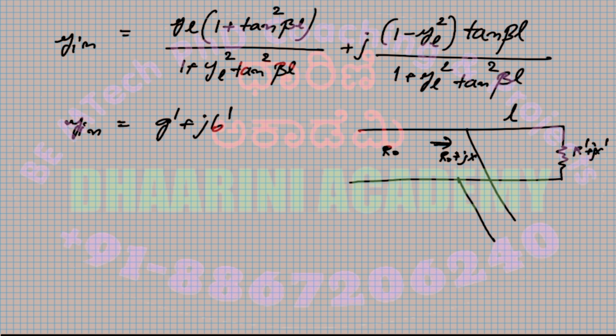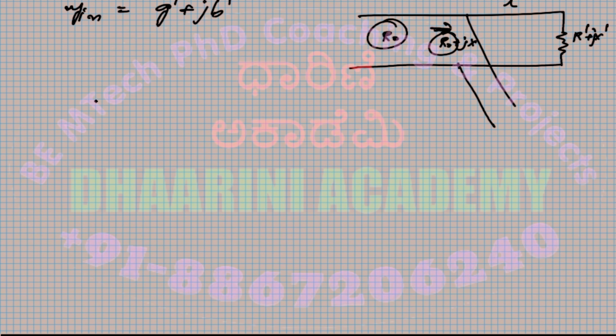In terms of resistance, R naught should match with the real part of the R, correct? That's the point. But since I am looking at the Y term, what is the point here? I'll write a point here. Anyway, this diagram is not needed when you write any answer when you answer a question, but this point is required.